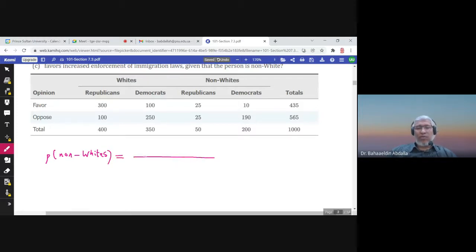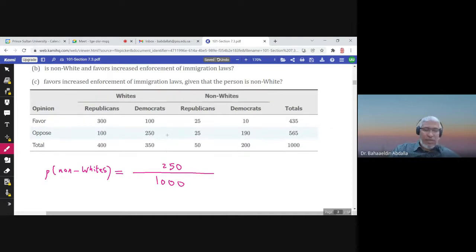Well, the number of elements in the sample space, number of people in the sample space, and the number of non-whites. How many non-whites are there? We have Republicans 50, Democrats 200, so we have 250. So this is the probability that a person selected is non-white.